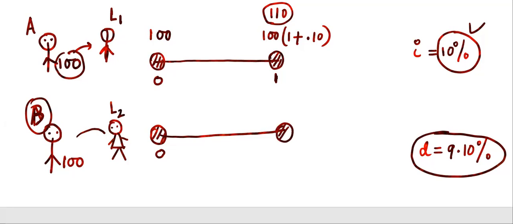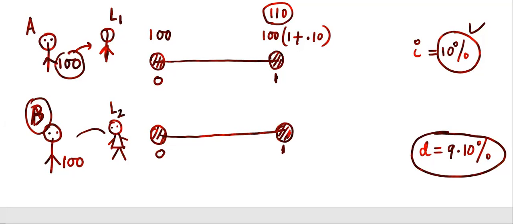After 1 year, if you want to give, you can go to the other guy and give 10 at the end of the year. Because I will charge you less, you have to give me now. So this guy gives B 9.10 back.